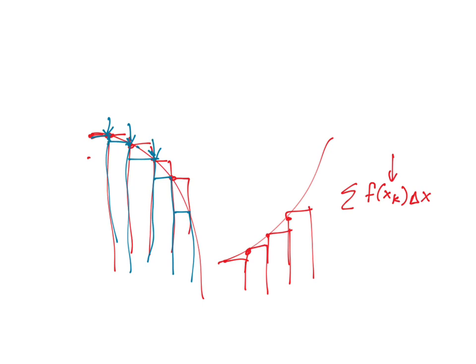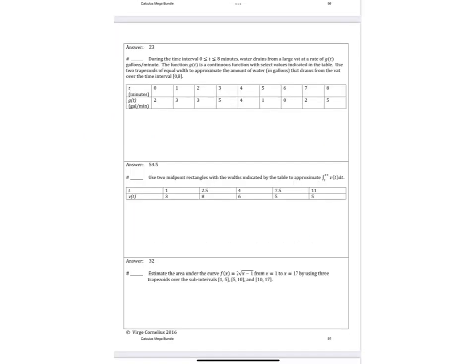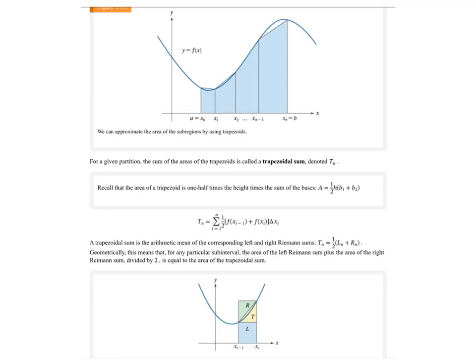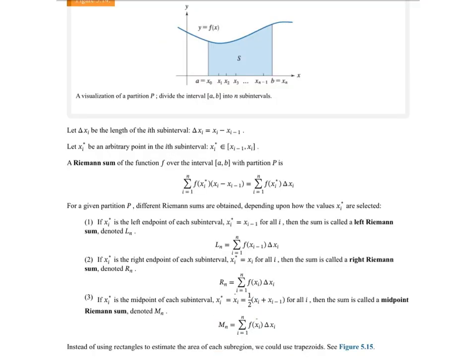If I find the height of the midpoint. So if I take the right side and the left side, and maybe I just split them right down the middle, and I find the height of that value. That's a midpoint sum. So I'm going to go back to this page out of the textbook. The midpoint of each subinterval is found by doing half of the left and the right.